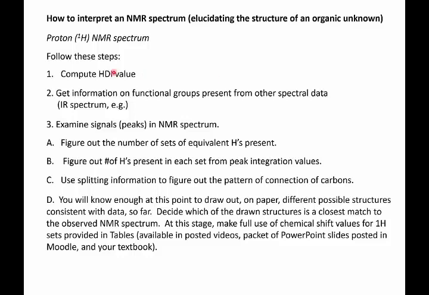The very first thing you want to do, assuming that you know the molecular formula for the unknown, is to compute the HDI value for it. Now, in a previous video, I've discussed how one does that.